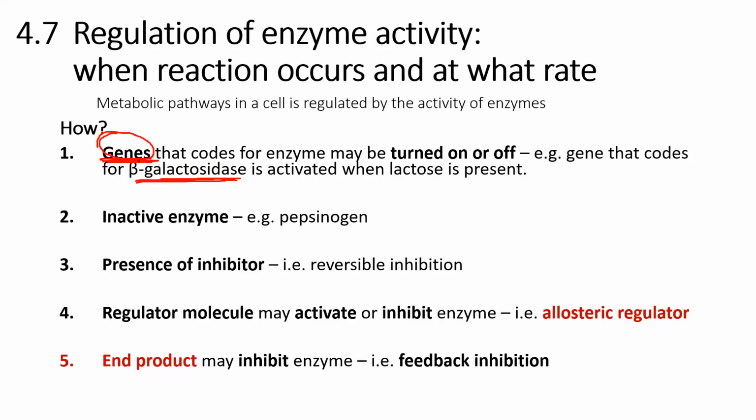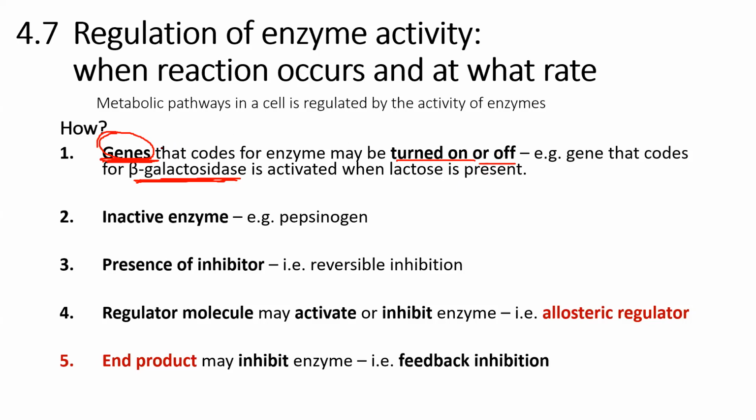So in order for the gene to synthesize the enzyme, the gene has to be turned on or off. Turned on or off means that in some situations the gene is turned on, and in some situations it is turned off.